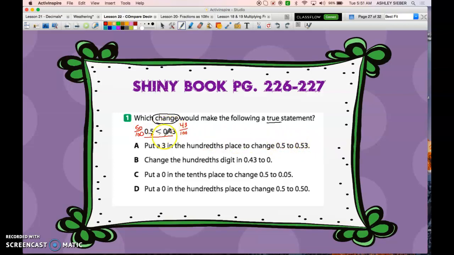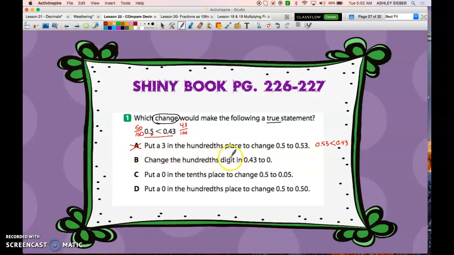Well, that means this number would stay the same. So that means I'm changing the 5/10 to 53/100, and now the statement would read 53/100 is less than 43/100. Well, if 50/100 was greater than, 53/100 is greater than, so that can't be true.